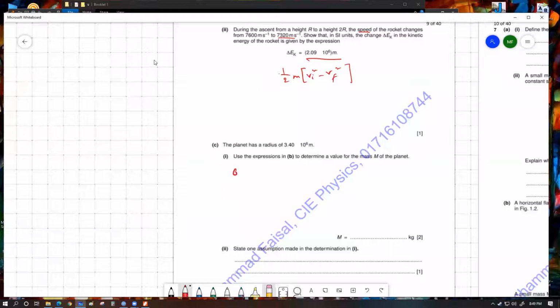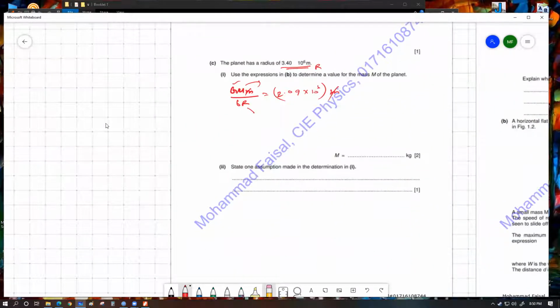So this is actually GMm divided by 6R. This is the value of R; they have already given us this value. This should be equal to this number, which is 2.09 into 10 to the power 6 multiplied by m. So m and m cross out, you put the value of R here, the value of G here, and from this the value of capital M comes out. That much is simple. This is the important question that actually needs discussion.